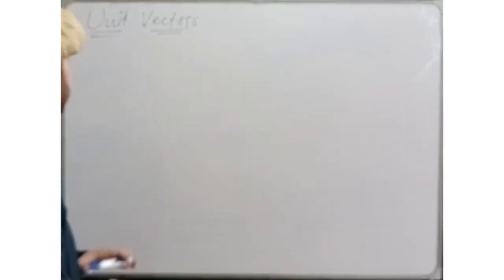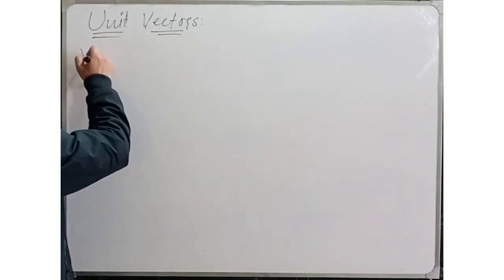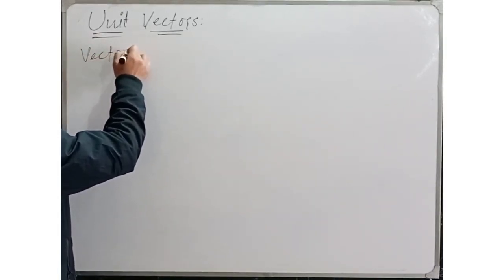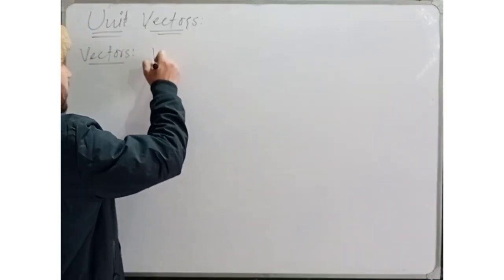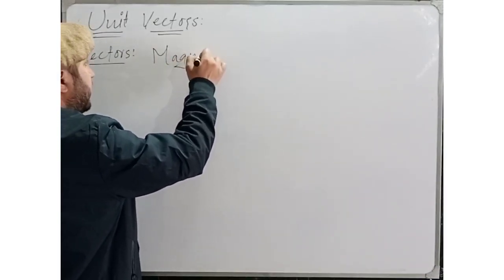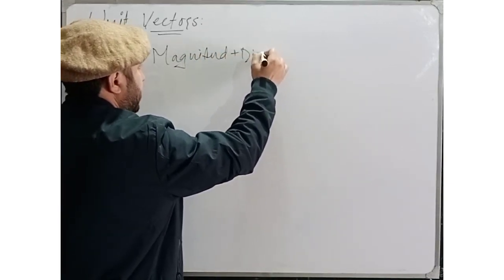Before we define and explain unit vectors, let us review that vectors are such physical quantities which can be represented by magnitude plus a direction, right?